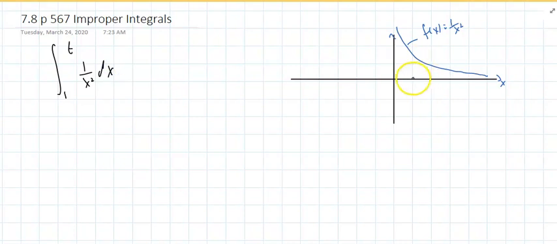So I'm interested in the integral from 1 all the way to some t. Basically, I'm trying to figure out what this area equals.